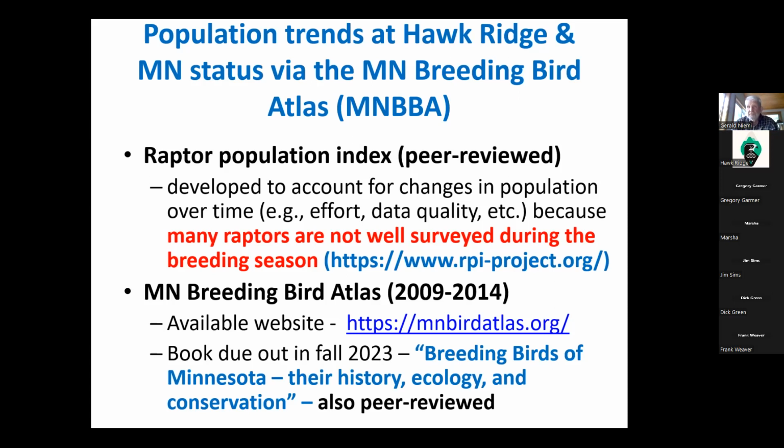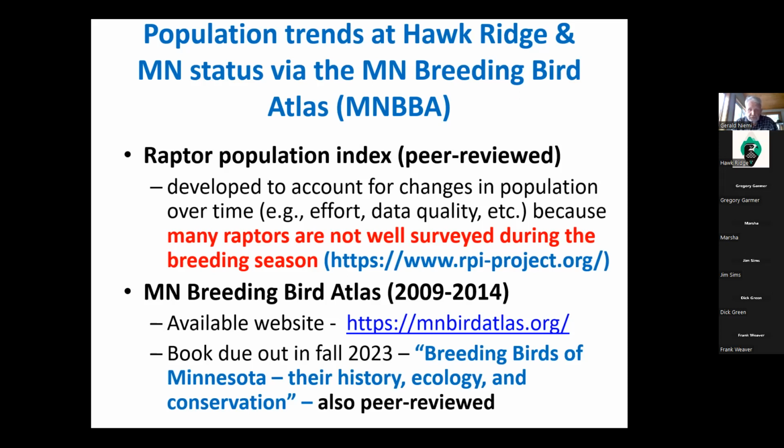so we could look at migration counts, not only at Hawk Ridge, but all across the migration counts at hundreds of sites across North America that are being done today. And so I'm using the Raptor Population Index as opposed to the raw data from the hawk counts, because it gives us a much better analysis of the trends over time of these data.